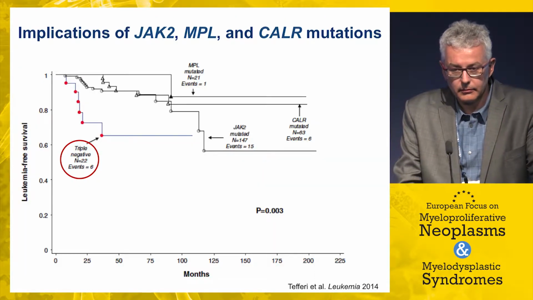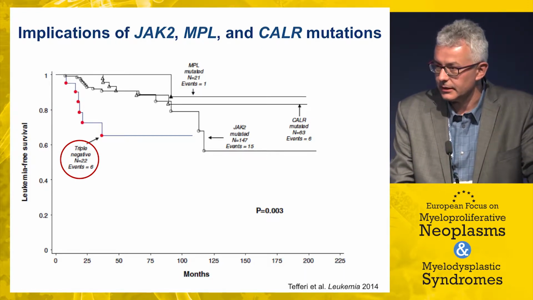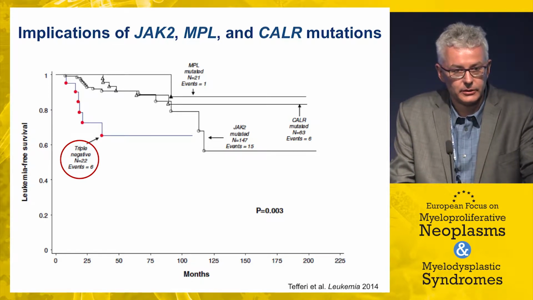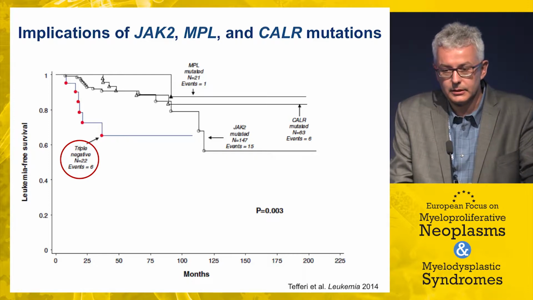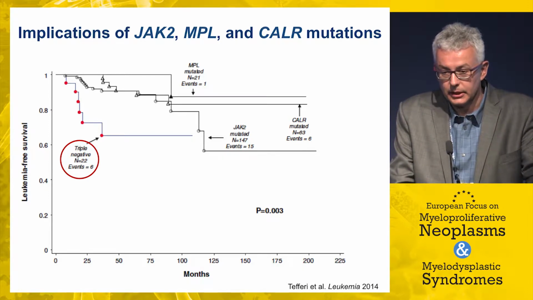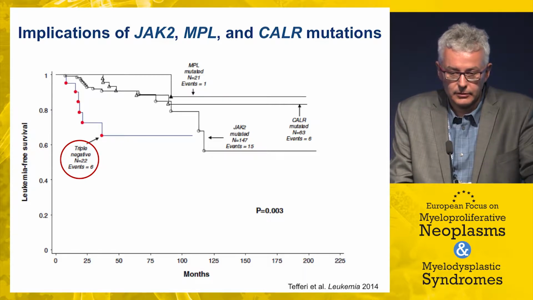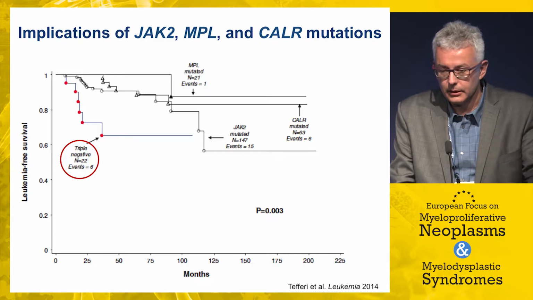Now, we are in a land of genetics. This is a time for genetics. And the next question usually is, beyond the karyotype, blood cell count, age, medications, from historical perspectives, what about our ability to genetically identify patients? One of the papers from Dr. Tefferi from a few years ago said that triple negative patients have a high risk of transformation.